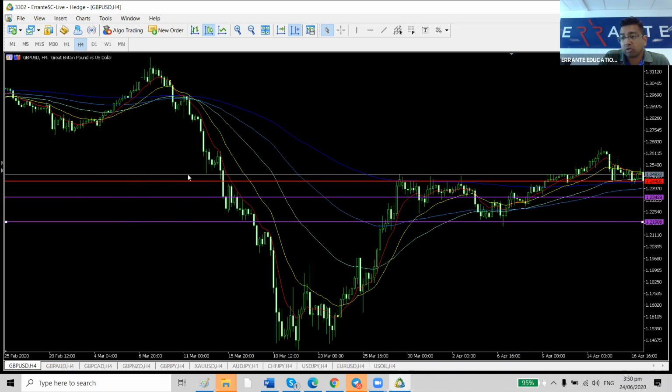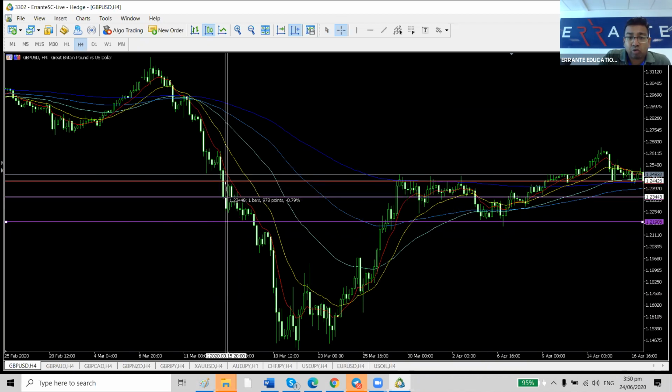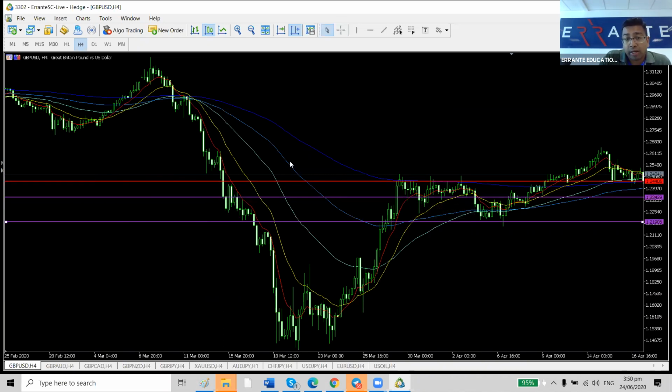We've got a mother candle here, at 1.2440, and if we look at the end of the candle, it would give us about 100 points, 100 pips. It doesn't look like that, but this is reasonably a long bearish mother candle.